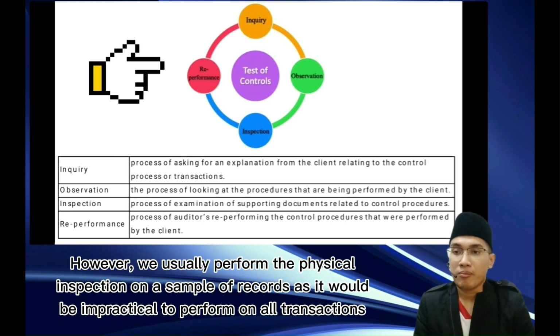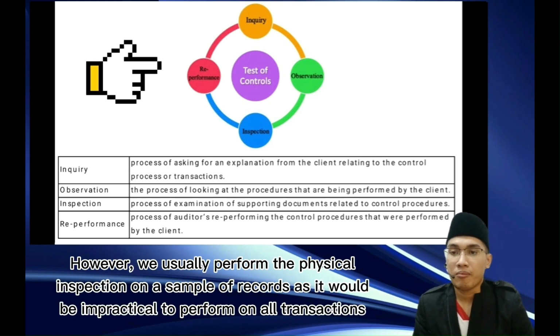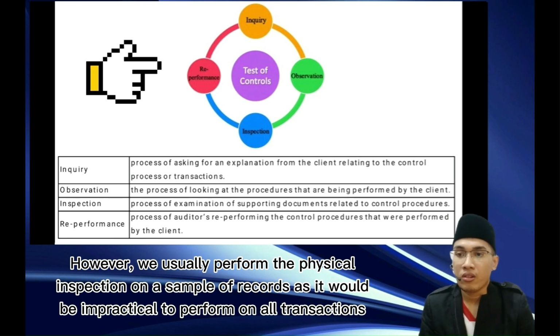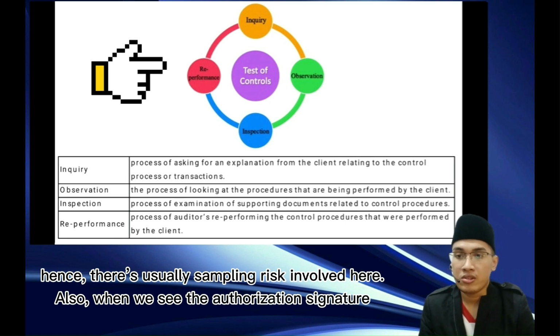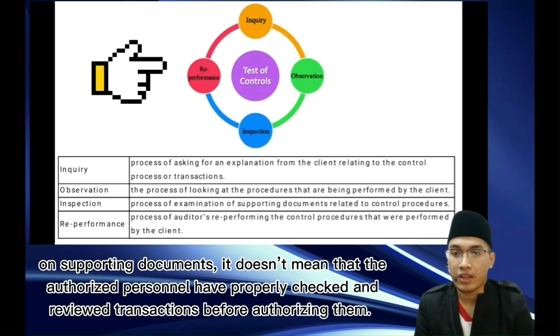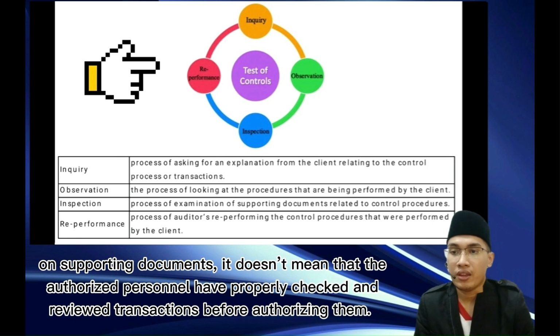However, we usually perform the physical inspection on a sample of records, as it is impractical to perform on all transactions. Hence, there are usually sampling risks involved here. Also, when we see the authorization signature on a supporting document, it doesn't mean that the authorized personnel have properly checked and reviewed transactions before authorizing them.